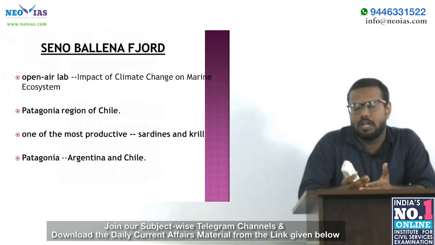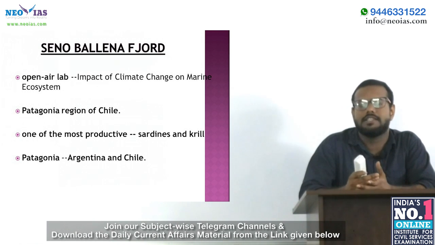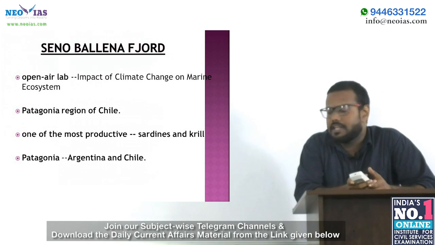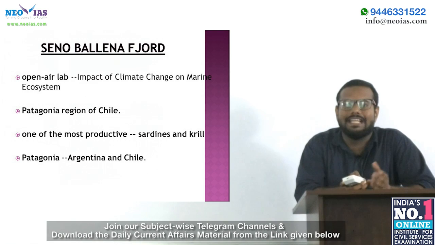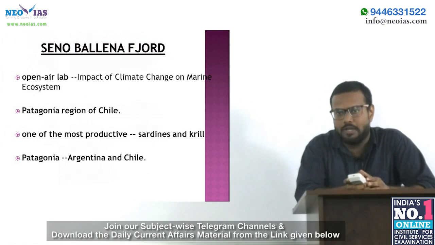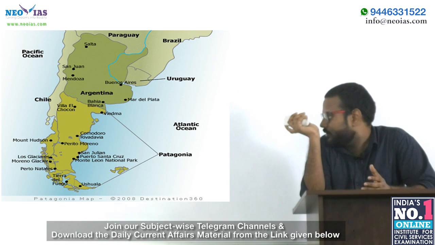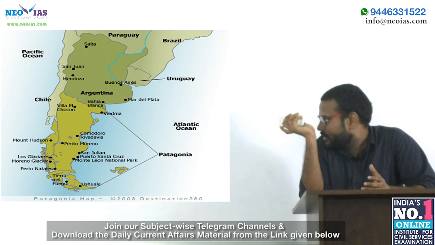So, we are looking into the location of the Cenobelena fjord which is in the news. This fjord is located in the Patagonian region of Chile. You can see the Patagonian region colored as greenish yellow.